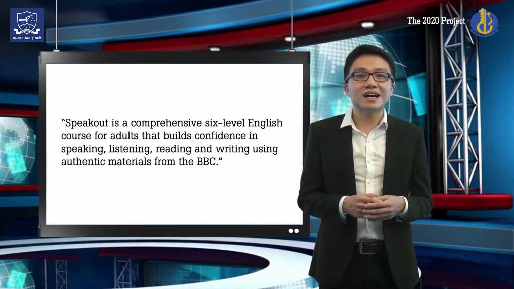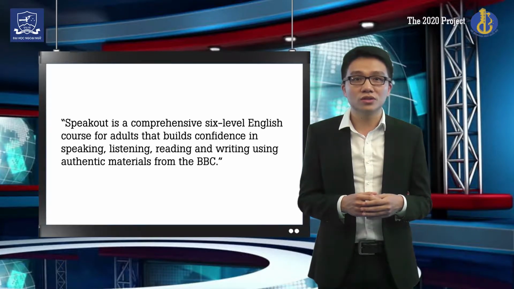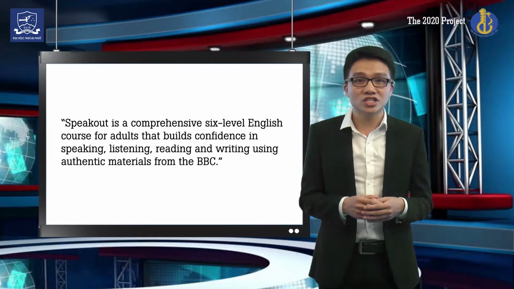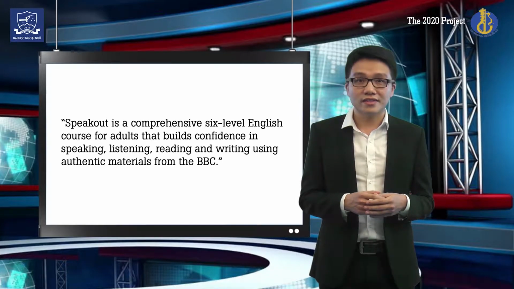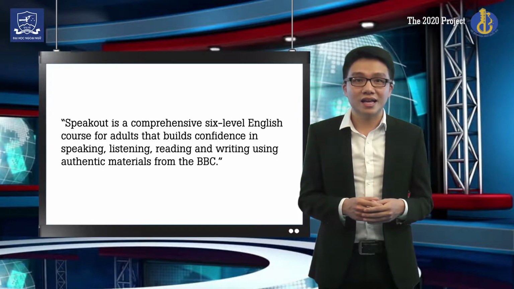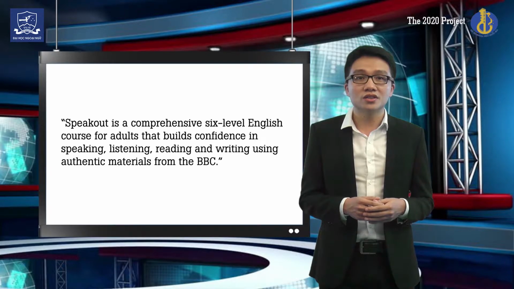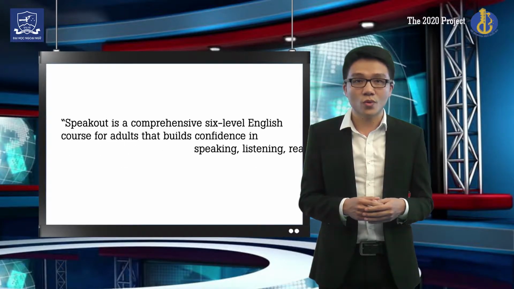Well, this means that this book is designed for adult learners who want to learn English as a foreign language, and therefore can be used in my class at the university where the students are between 18 and 20 years of age.